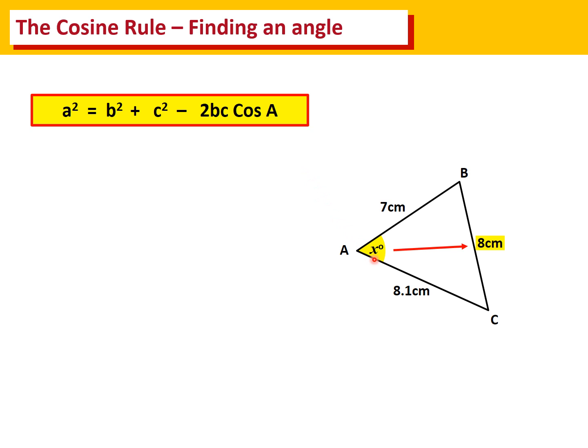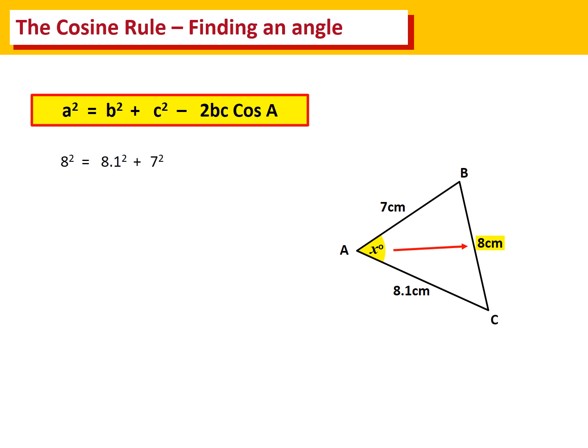Well, we're trying to find the angle X, which is at vertex A, so that would be this cosine here. Therefore, our formula needs to start with the length directly opposite that vertex. So that length in this example is 8 centimeters. So our formula will start 8 squared equals. Now b squared plus c squared are just the squares of the other two lengths.